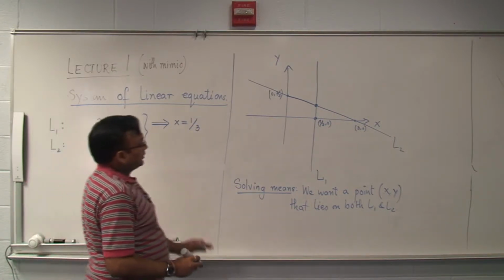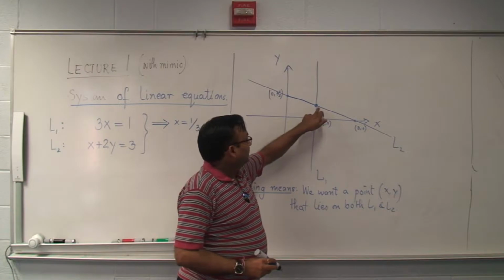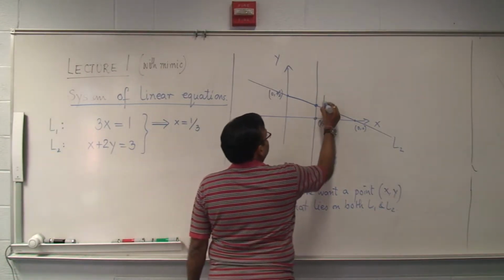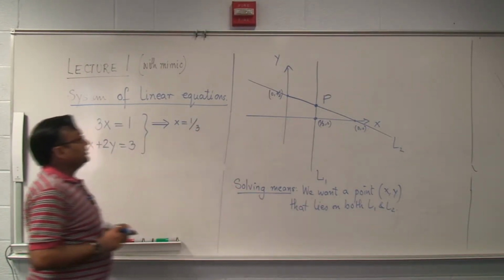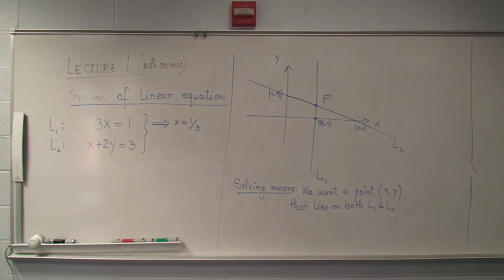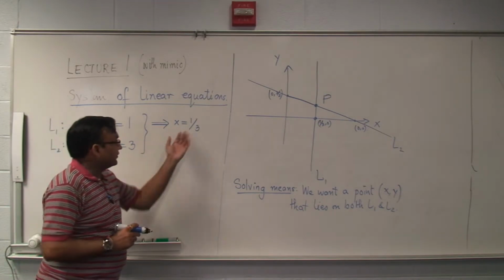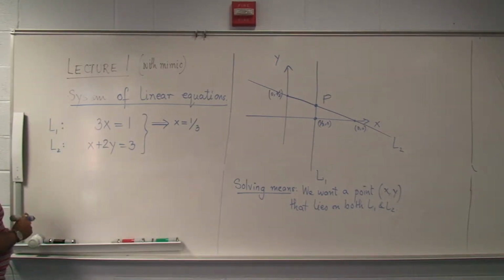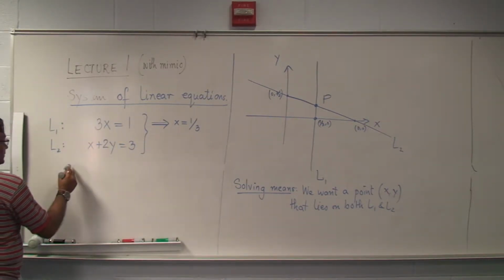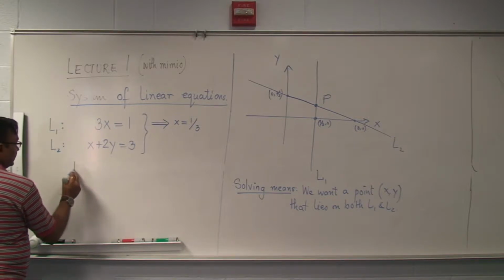Now from the geometry point of view also, let me call the point we are interested in point P. The point we are interested in definitely has its x coordinate as 1/3. Now what we can do is take this value of x, plug it in my second equation, and try to solve for y.